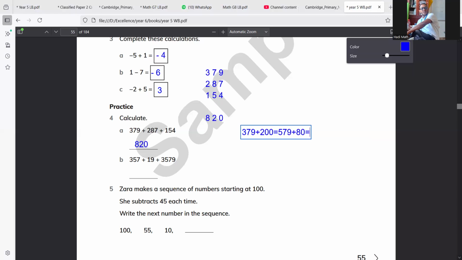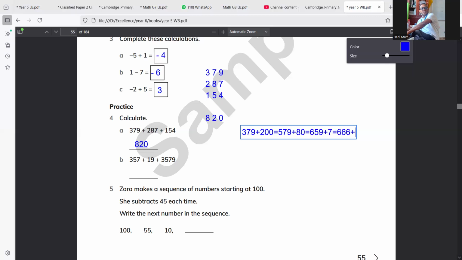Okay, they say this is equal to 659. Then you add finally the 7, and this will be equal to 666.